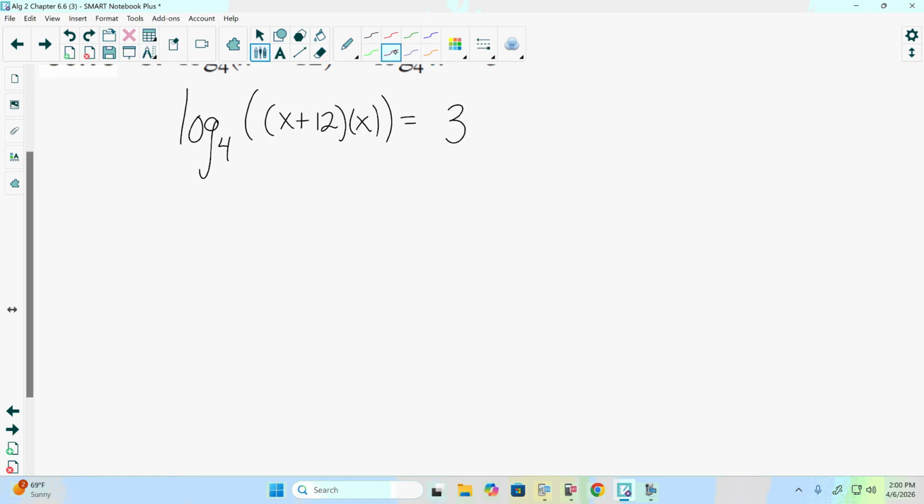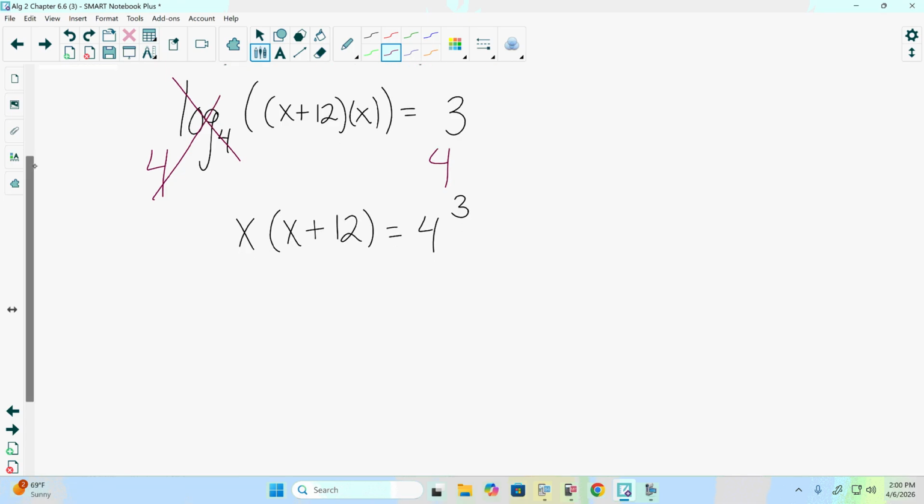Now, because we do have 1 term on either side, to get the variables out of that logarithm, we need to put both sides to the base of what? The base do we need to apply? 4, because the base of the logarithm is 4. 4 to the log base 4 will cancel. Now I'm going to flip that around just so we have it.